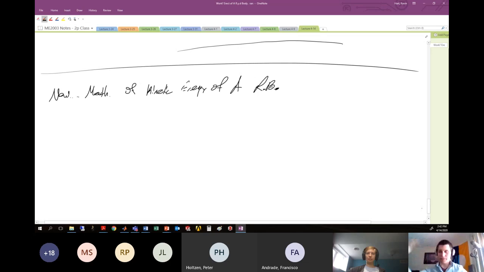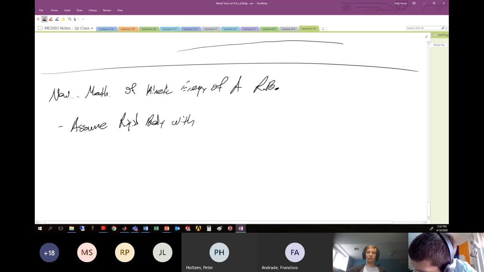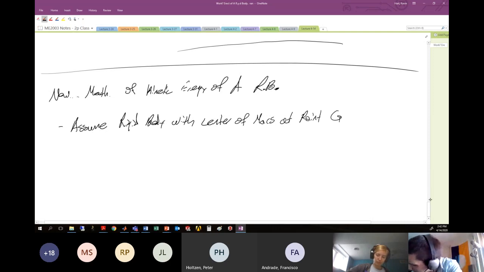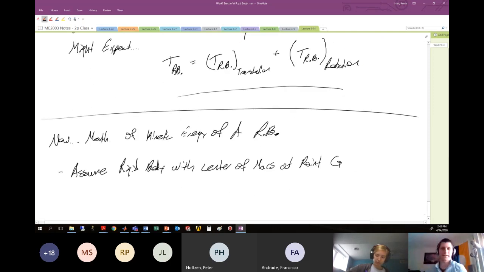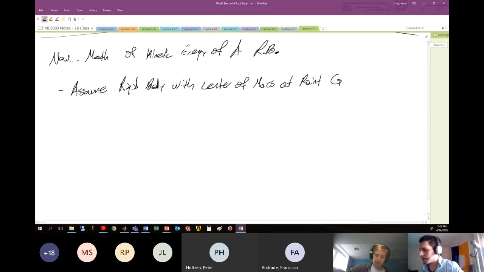Let's say that we have some rigid body with center of mass at point G, and let's say it's moving through space.